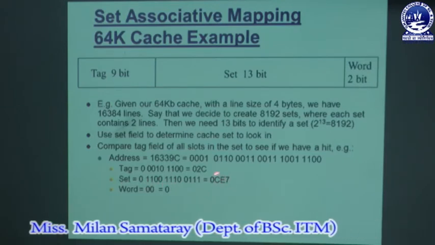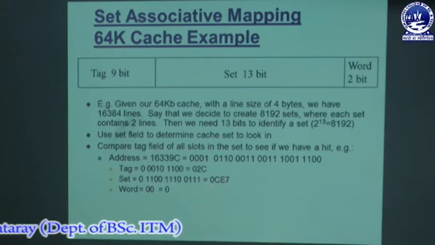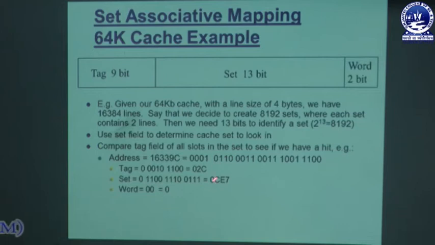So in this set 0CE7 there are 2 lines, because each set contains 2 lines. So the block has to be in these 2 lines of this set. So you have to search them in parallel, and from that you will get your word, and the word is in the 0th position of the corresponding block.